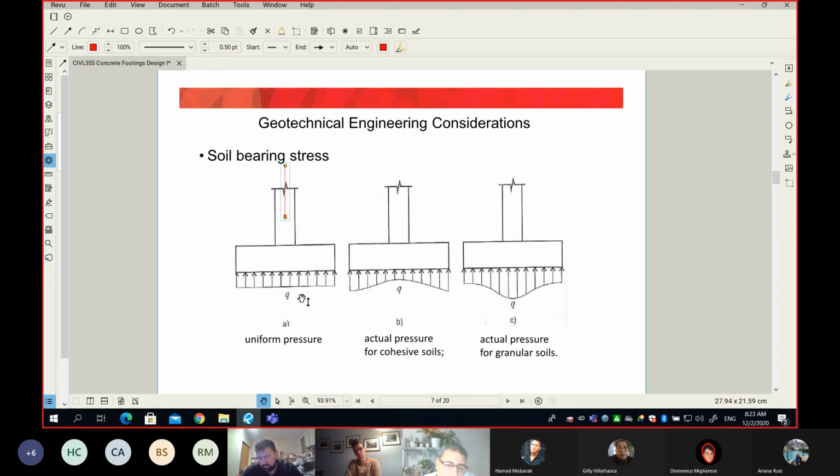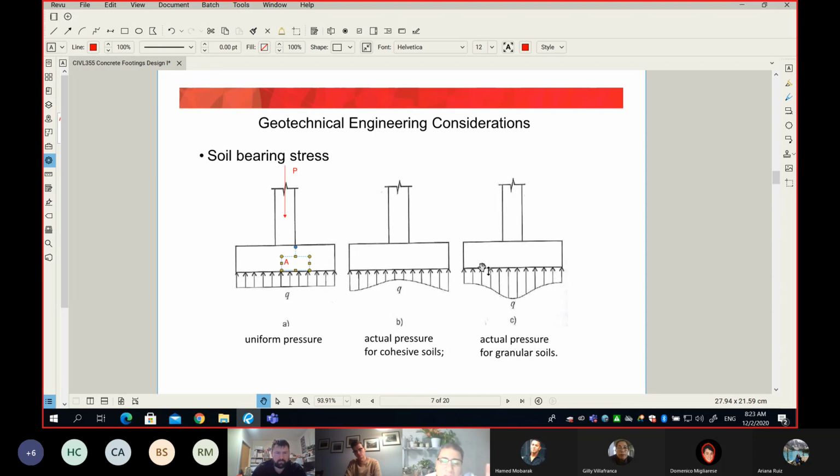If you take the stress multiplied by the contact area between the footing and the soil, those must balance. So if I have a force P, which is the load, the soil will react with the pressure Q, and if the area is A, then A times Q is supposed to be equal to P.